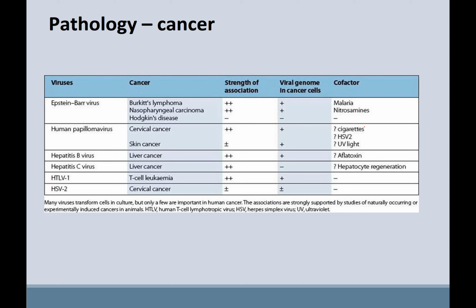Another type of pathology that some microbes can cause is cancer. Some microbes, viruses, but potentially the bacteria Helicobacter pylori, can change our cells so that they don't respond regularly to growth signals.